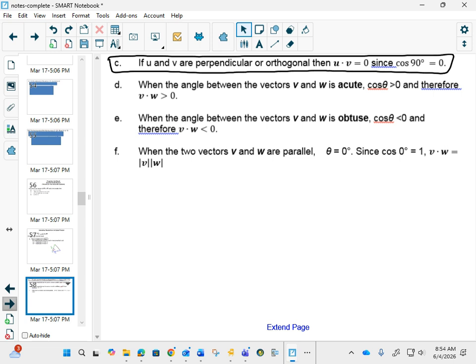If your dot product is negative, then you know that the angle between your two vectors is between 90 and 180 degrees. And when the two vectors are parallel, the dot product will equal the length of V times the length of W. That one's not so easy to see.